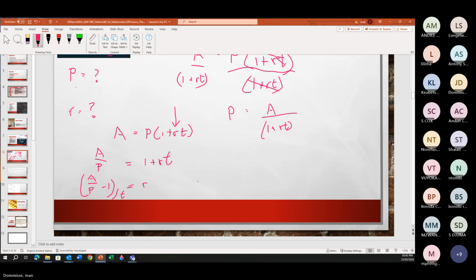Okay, so again, they might ask that in a question. They might do it with compound interest. They normally like to do it with simple interest or compound interest, that you need to rewrite the formula. So just be aware of that.